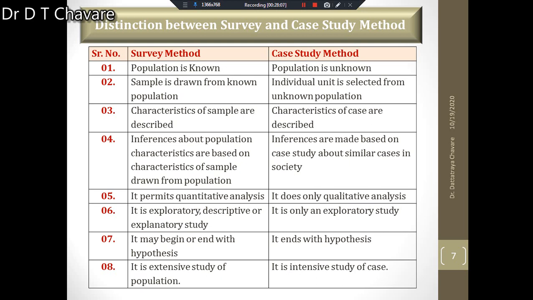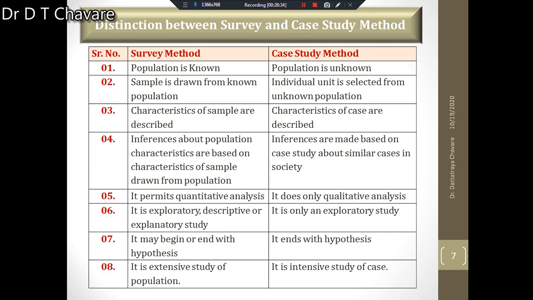Then next difference is there. Case study method does not permit quantitative analysis. Case study method only permits qualitative analysis.